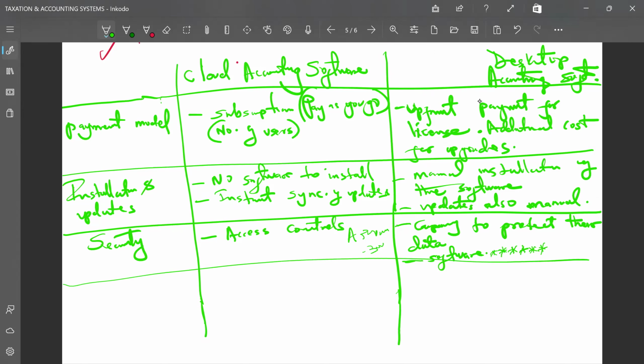Let's go to the next point of difference between a cloud-based accounting software and a desktop-based one. Now, accessibility. Very, very important. I want you to look at this very interesting view. Accessibility: how is it a point of difference and how does it concern you? Why is it important for you to look at that accessibility?